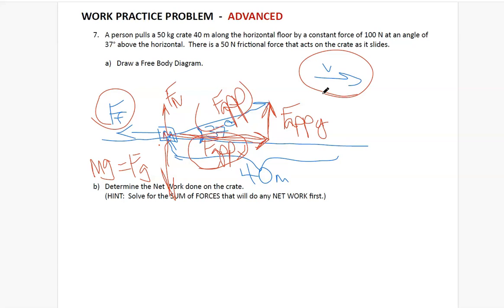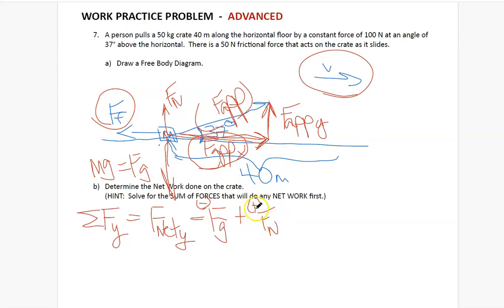So part B says determine the net work on the crate. Well, the net work means you have to figure out the sum of the forces. Well, if we add up the sum of the vertical forces, that's the same thing as the net force in the vertical direction, the y. Well, that's equal to our weight force, which we know is pointing down, our normal force, which we know is pointing up, and our vertical component of our applied force, which we know is also pointing up.